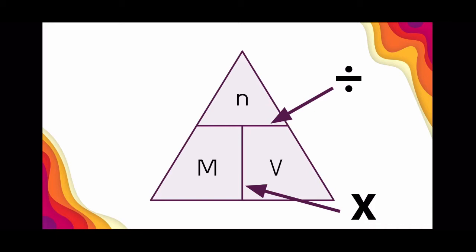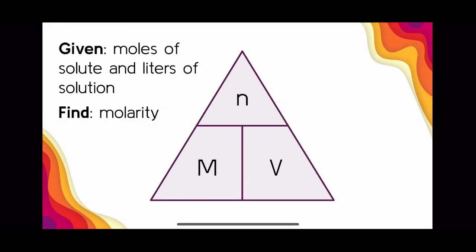And I'm going to run through how to use this in some problems based on what you are trying to solve for. So let's say that we have a problem and we are given moles of solute, which is equal to n, and liters of solution, which is equal to V, and we are asked to find the molarity of that solution. Now the trick is, with your hand, you cover up what you are trying to find.